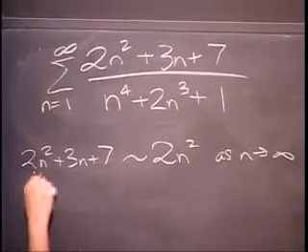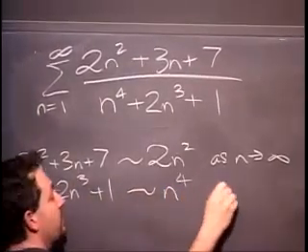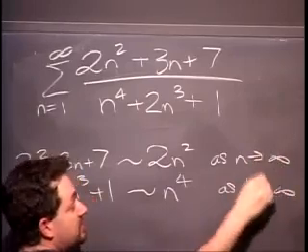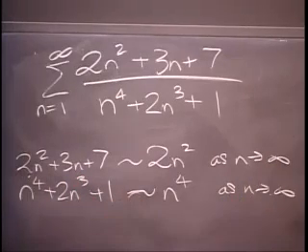Similarly, n to the 4th plus 2n cubed plus 1 twiddles n to the 4th as n goes to infinity. These things deserve proofs when you write it out. I'm trying to save a little bit of time by not writing it. We've done this exact sort of computation for improper integrals, as I said.